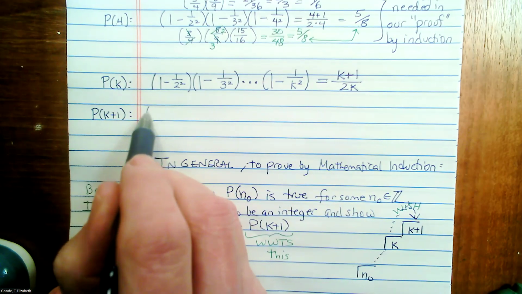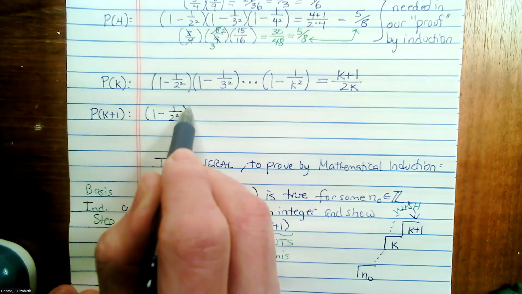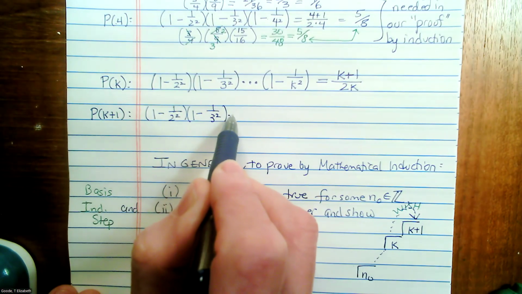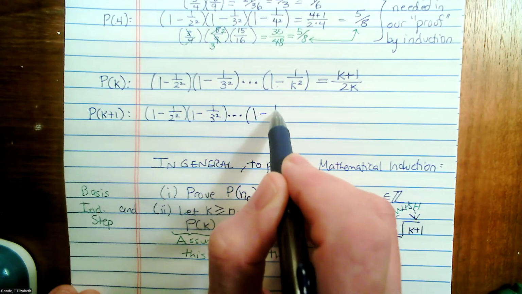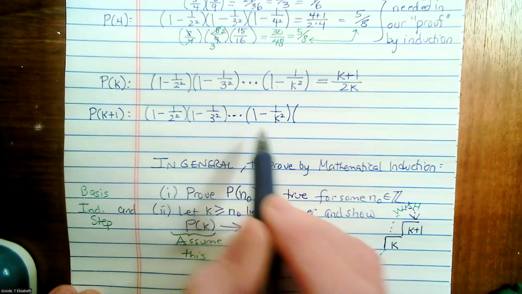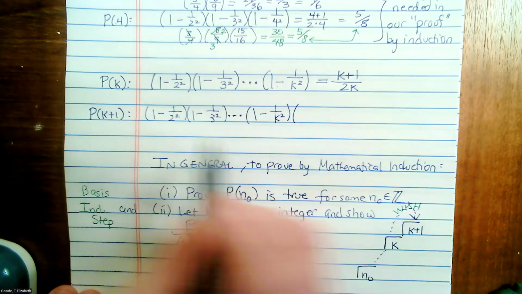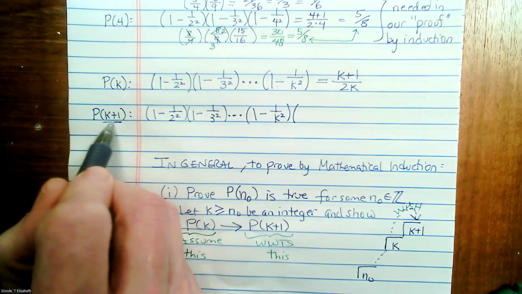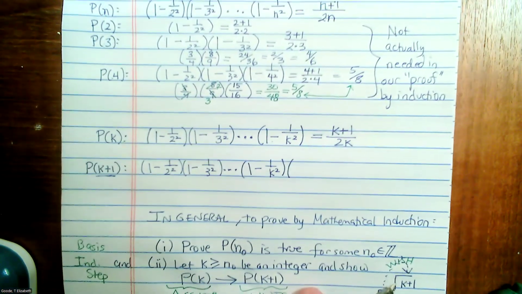All right, let's see. It'll be 1 minus 1 over 2 squared becomes 1 minus 1 over 3 squared. Keep on going. Then there's the 1 minus 1 over k squared. What would the last factor look like on the left side of P of k plus 1? Now we're stopping at k plus 1. That is now our n.